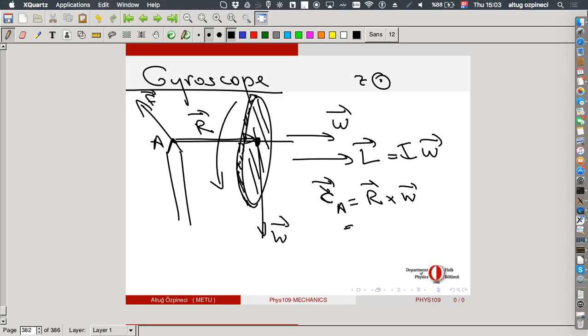So that is the minus z direction. And the magnitude, or whatever the length is, times mg. What is the angle between the two? 90, sine of 90 is just 1. So this is the torque we have.